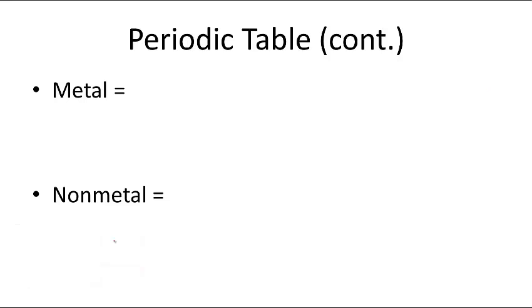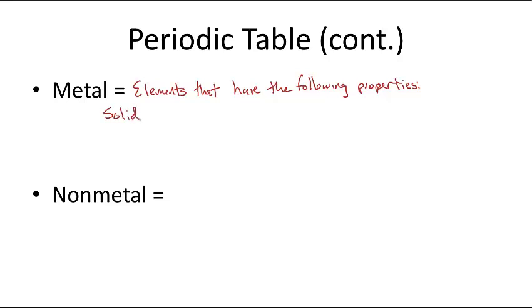So metals are elements that have the following properties. They are solid, with one exception.